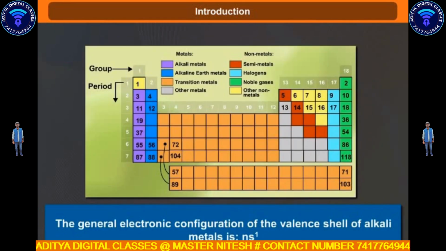All the alkali metals have one valence electron. The general electronic configuration of the valence shell of alkali metals is ns1. They are never found in free state in nature because they readily lose an electron to give monovalent M+ ions.